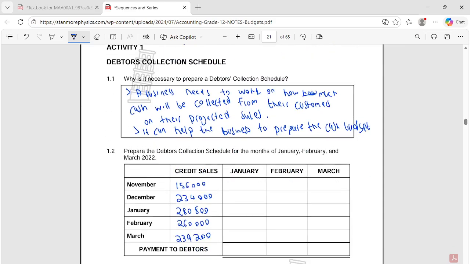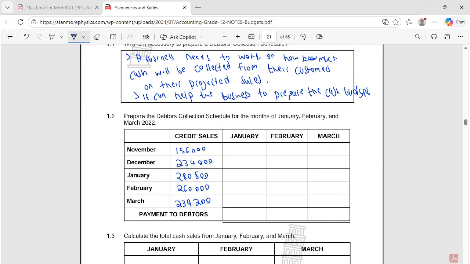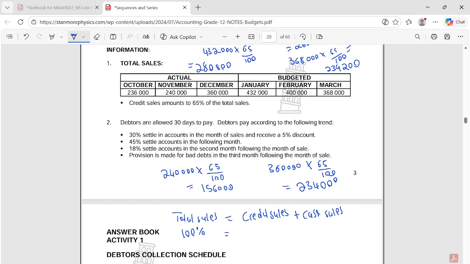Now in this case, guys, in order for you to complete your tax collection period, you have to read the following information, which is here, right? This will guide you on how you should complete it. So here they're saying that debtors are allowed 30 days to pay, and then debtors pay according to the following trend, right? They settle 30% of the accounts in the month of sale.